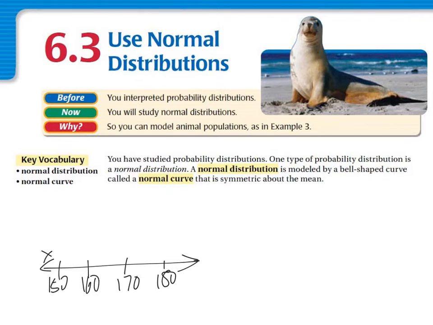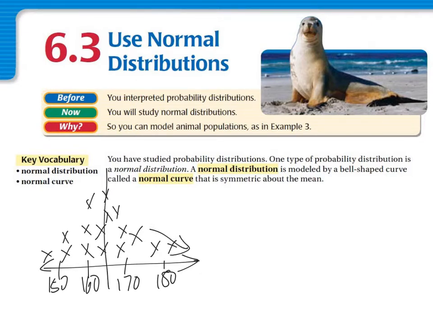And people's height, you just do kind of a tally mark. You can expect that there'll be more people at the mean of the total, and as they get taller, the extremely tall people and extremely short people are more rare. And the shape that I usually create is the bell curve.